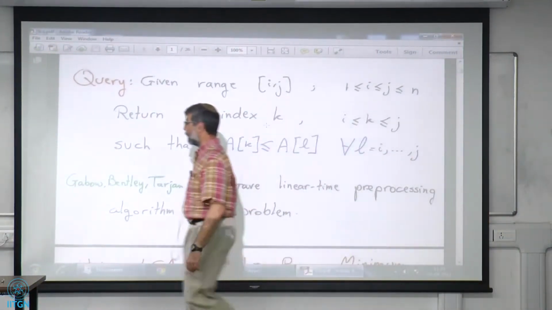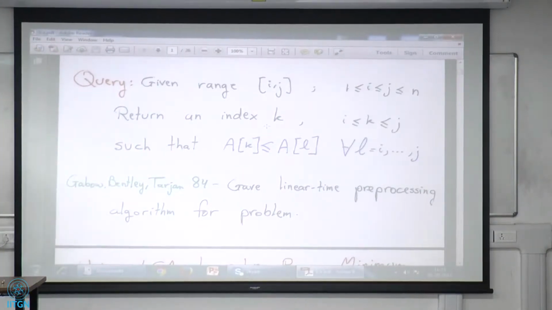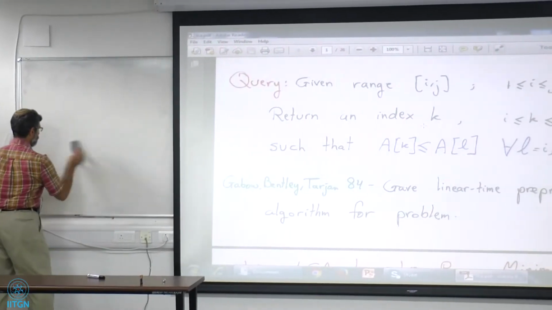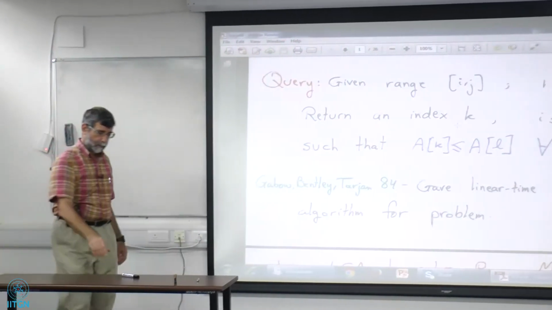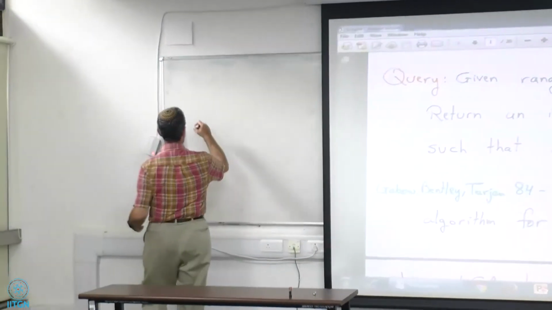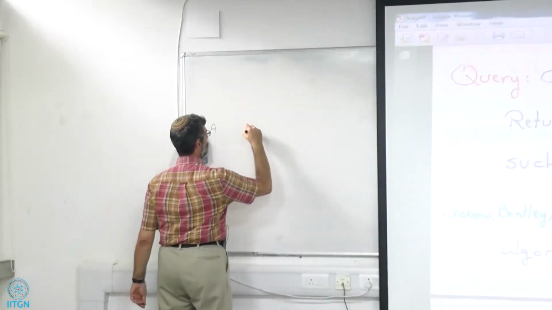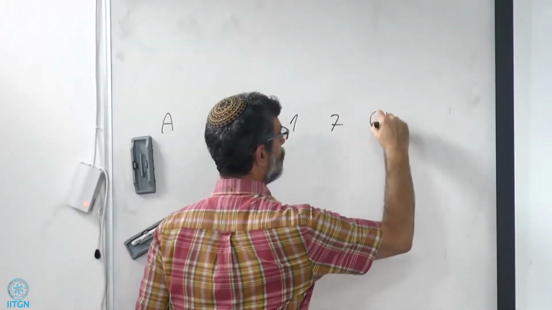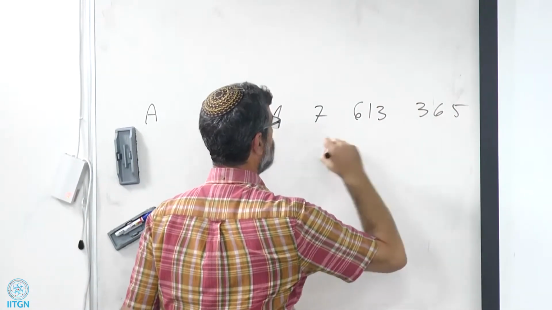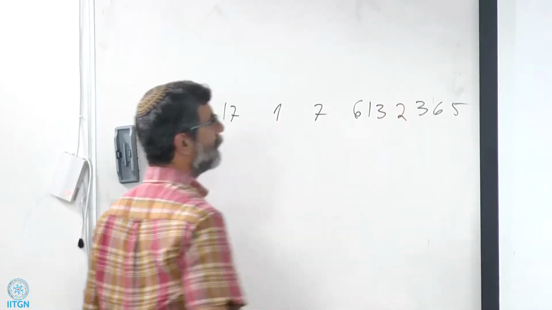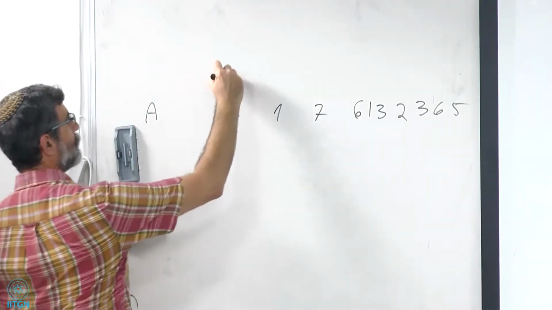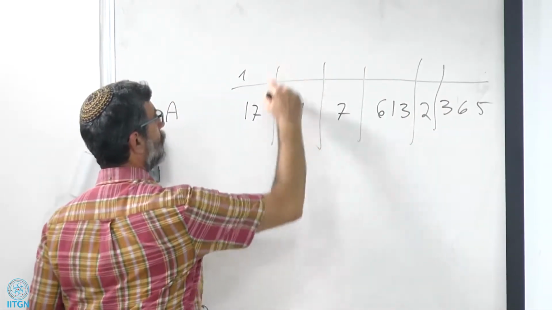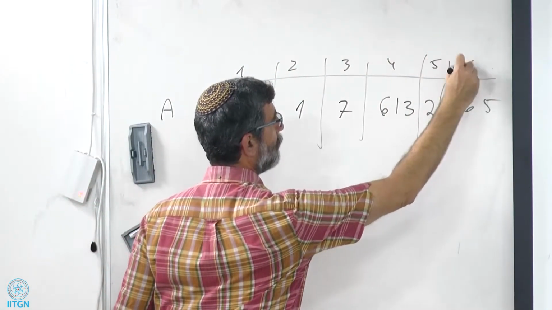Let me give you an example here. Suppose A is a bunch of numbers: 17, 1, 7, 613, 365. Let's put a 2 here. So this is index 1, index 2, index 3, index 4, index 5, index 6.